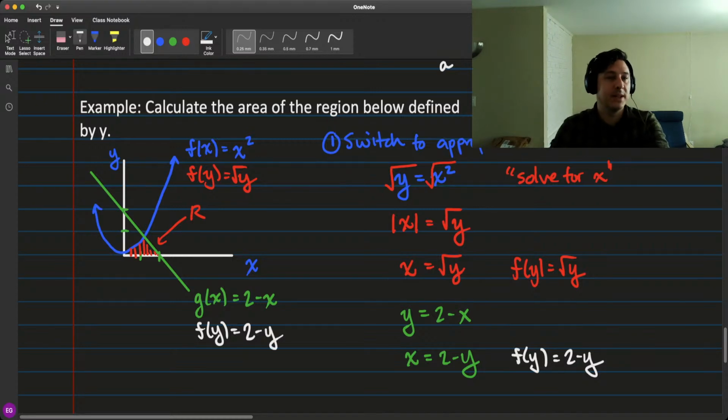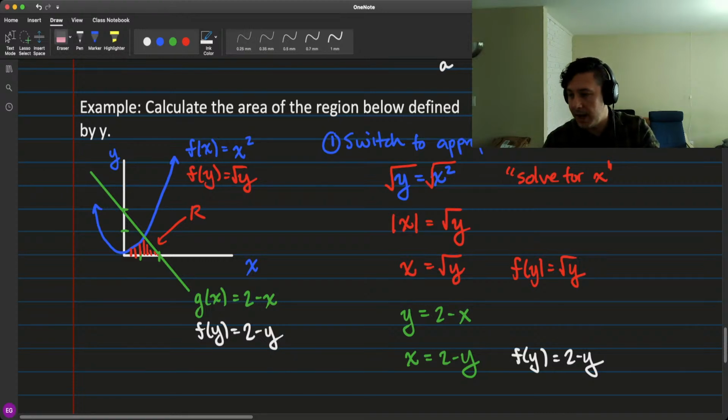So that's how we want to think of the line, not as g of x equals 2 minus x, but as g of y equals 2 minus y.